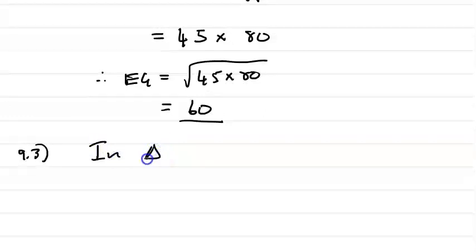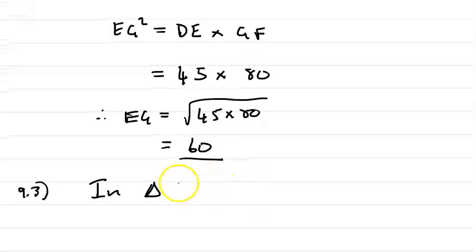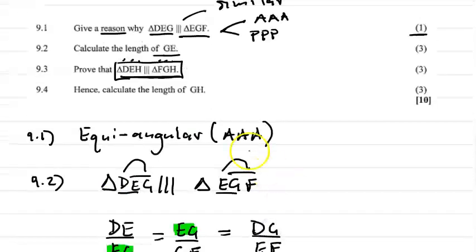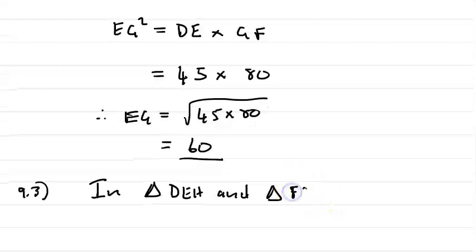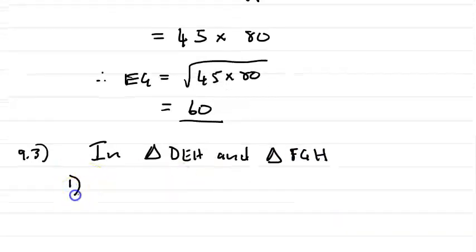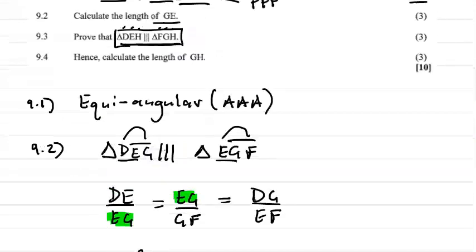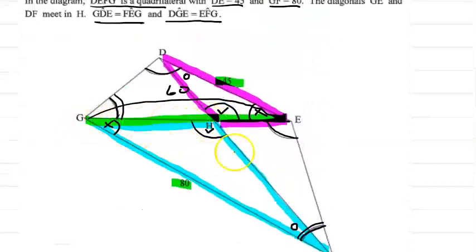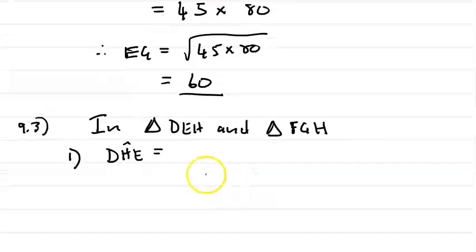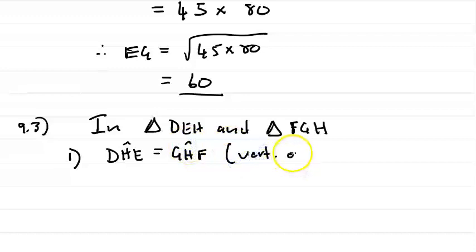In triangle DEH and triangle FGH, our first statement will be that DHE is equal to GHF, and our reason will be vertically opposite angles.